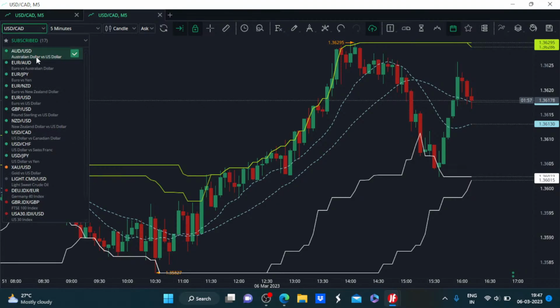Let's consider the Swiss franc, USDCHF. Here there was a strong move in the CHF. On the appreciation side, it gained almost half a percentage point, but it wasn't really able to sustain those gains.